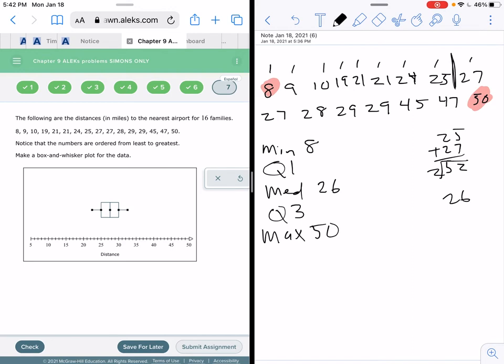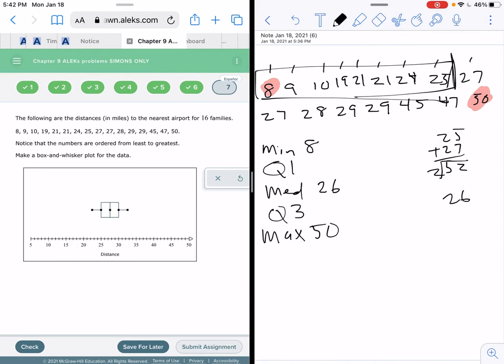All right, now what I'm going to do is start and find my Q1 by looking at these numbers right here. It's my lower quartile, so you look at your lower half of numbers, not including your median. And because my median isn't in my data set, this is easy.